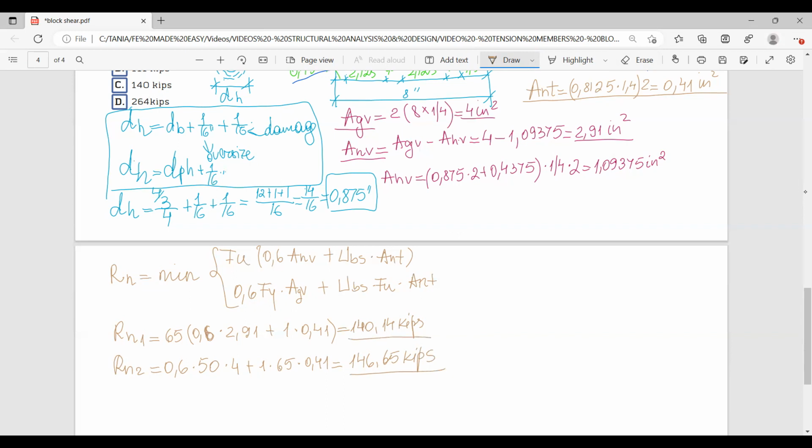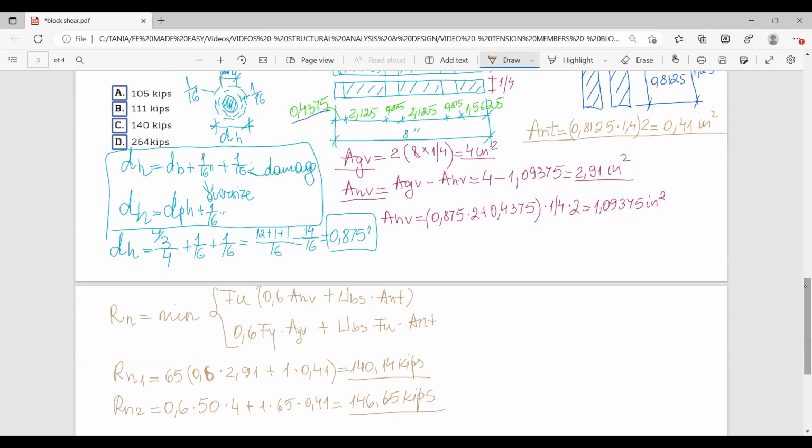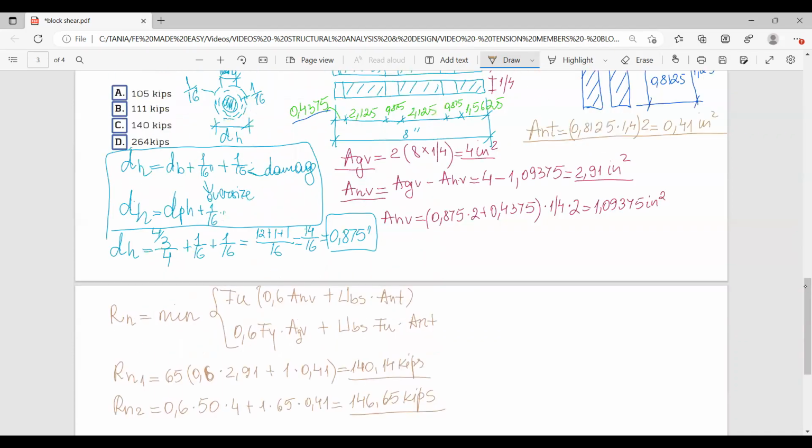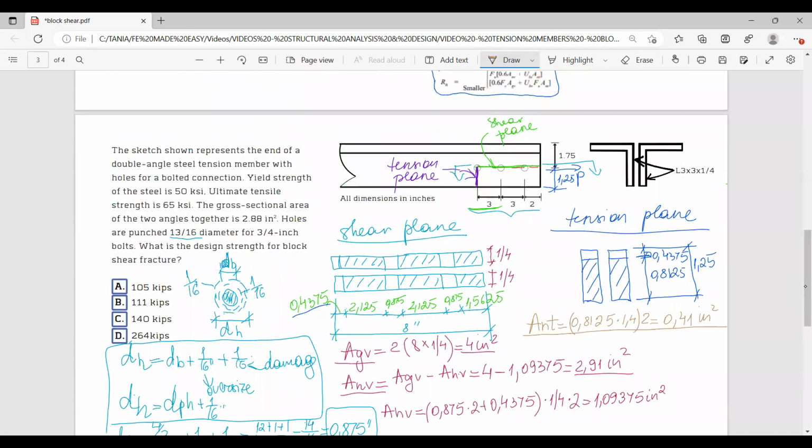Okay, so we have Rn1, Rn2, and you might be tempted to go look into the options. And here you might say, oh, C is 140, so C is the correct answer. But what I want to remind you is that these are the nominal strength for block shear. It's Rn. What the problem is asking us to calculate is the design strength for block shear.